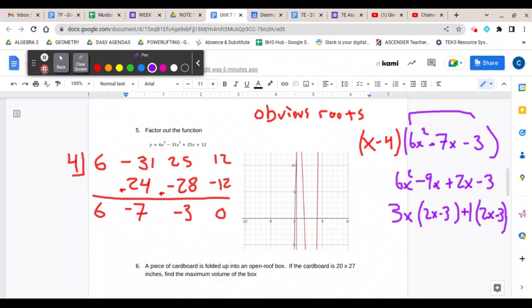So what this means is we have our 2x minus 3 in parentheses, our other parentheses, what's going to be on the outside, which is 3x plus 1, and we still have our x minus 4, so that's going to multiply outside there. So those three parentheses are the three factors of that function, 6x cubed minus 31x squared plus 25x plus 12.